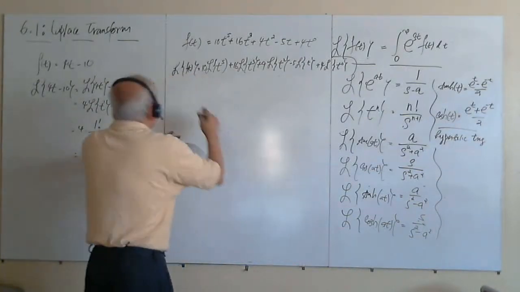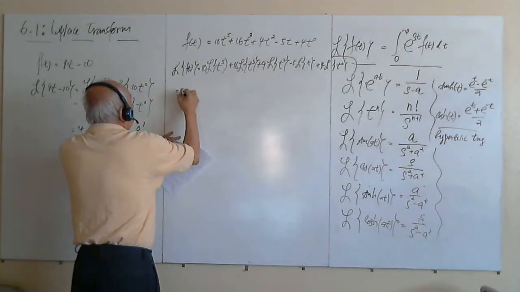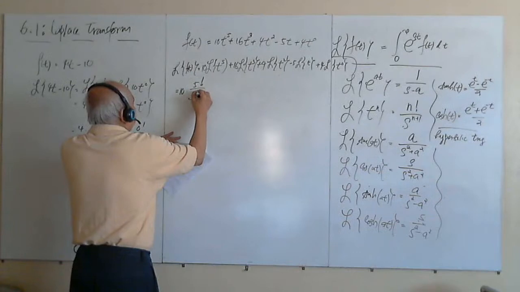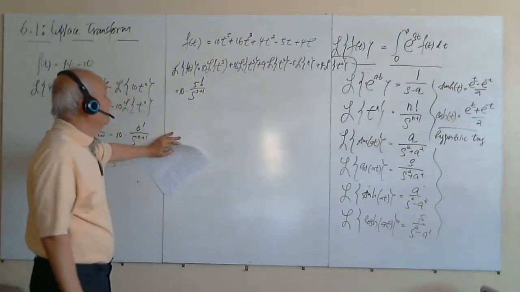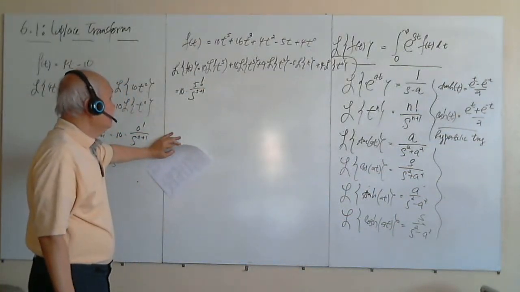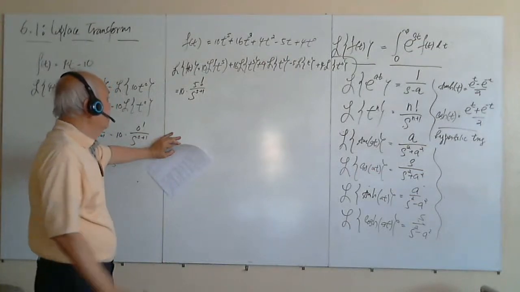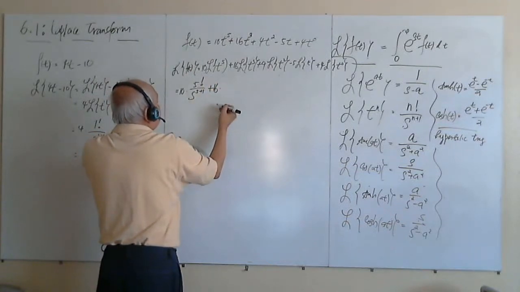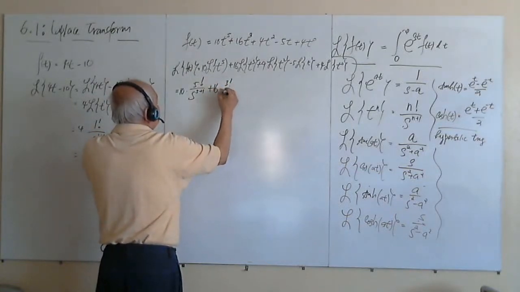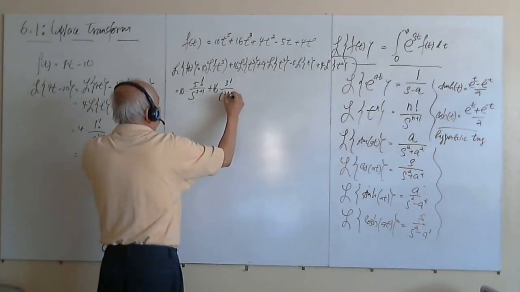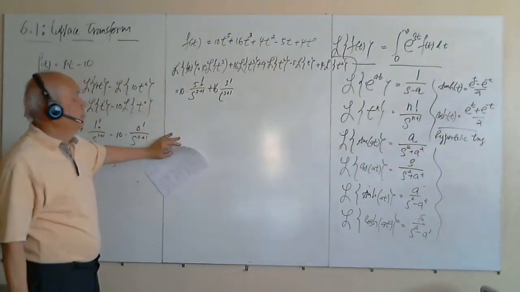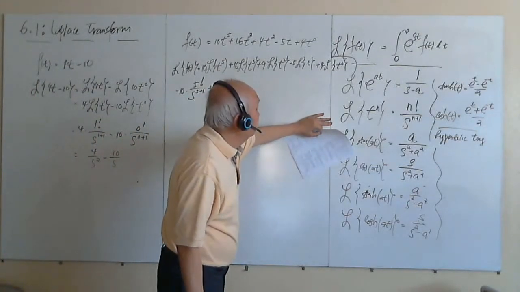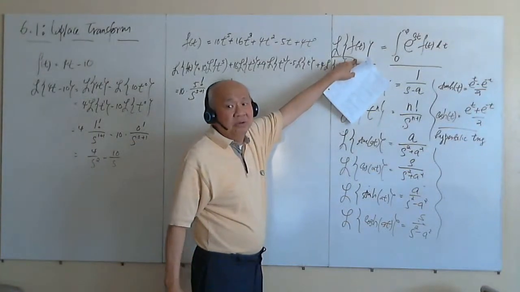So this one is going to be 10 times 5 factorial over s to the 5 plus 1. The next one is going to be 16 times 3 factorial over s to the 3 plus 1. Why? Because that is exactly the formula. How do you get the formula? You get it from the definition. It's too long.